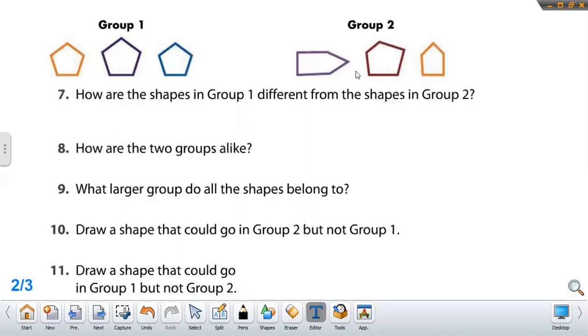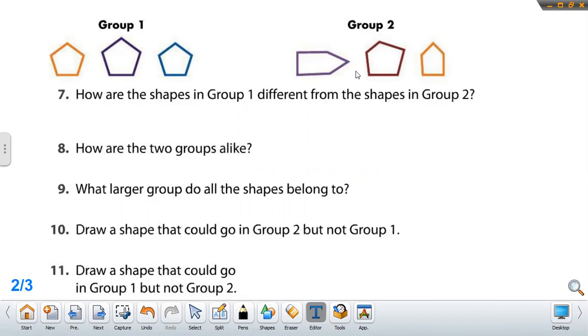We need to find one difference, and we have to find how they are alike in the second question. But let's answer the first question, question number 7. What's the difference? How can we see the difference between them?